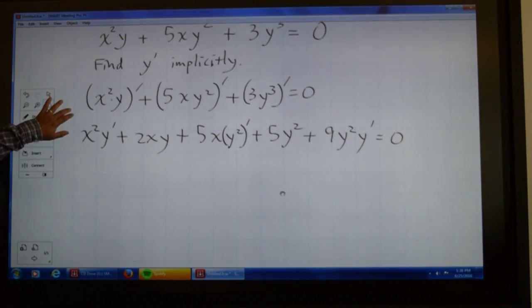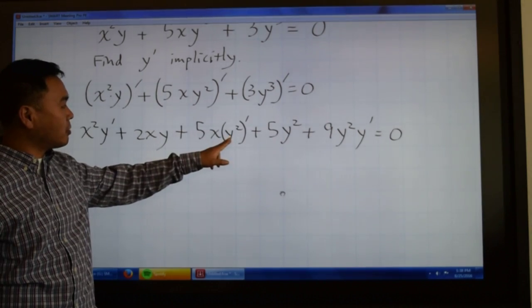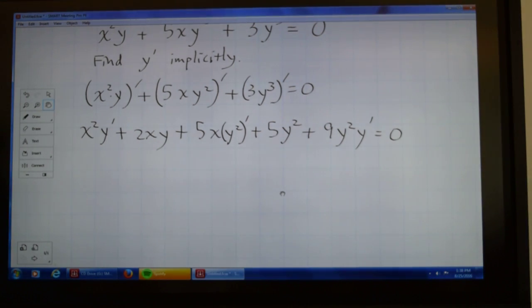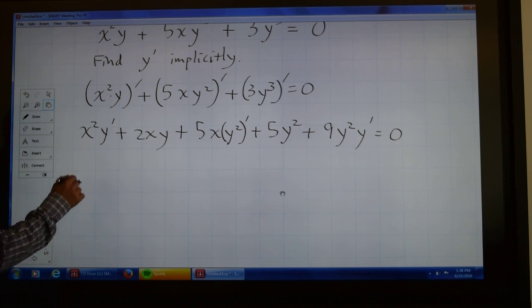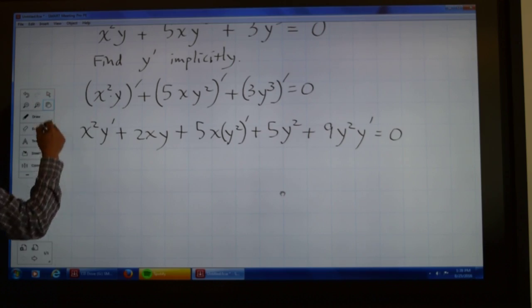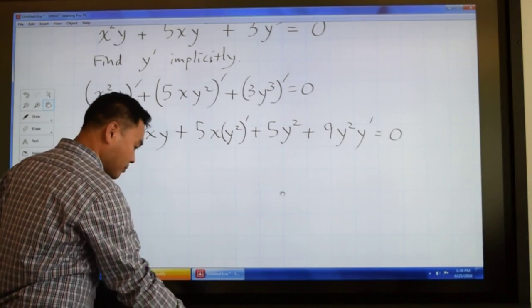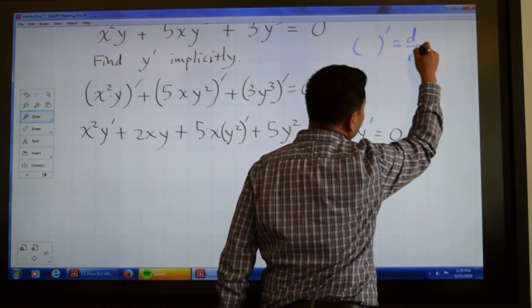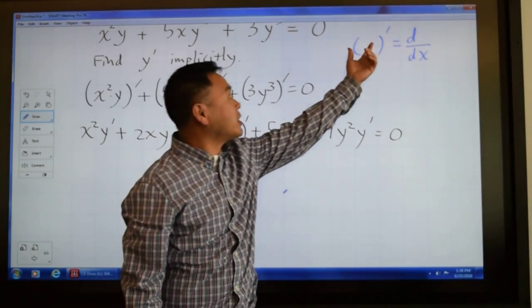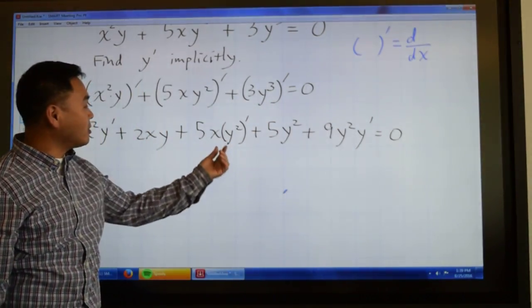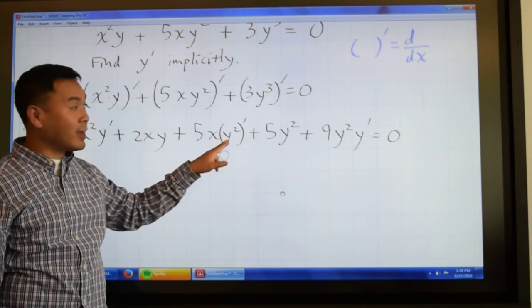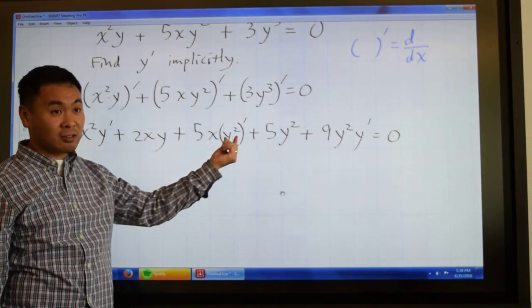You're almost done, except over here, how should you differentiate y squared? What would you get? 2y y prime, because this prime really means you're differentiating by x, and since you're differentiating y squared by x, and y is a function of x, you should differentiate this with the chain rule.